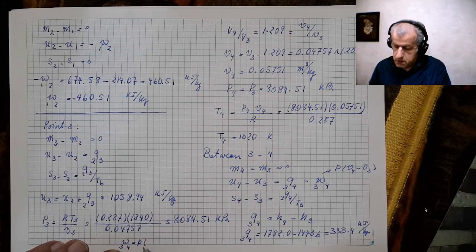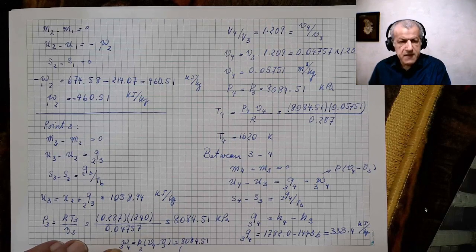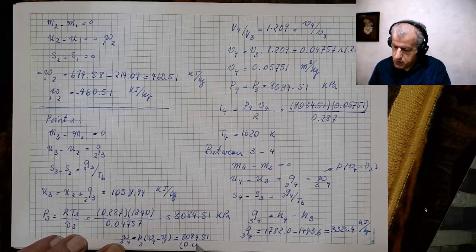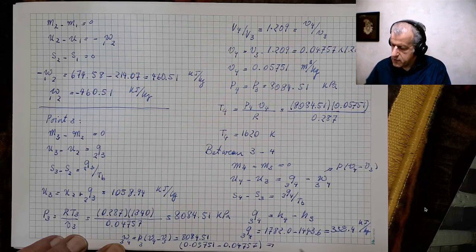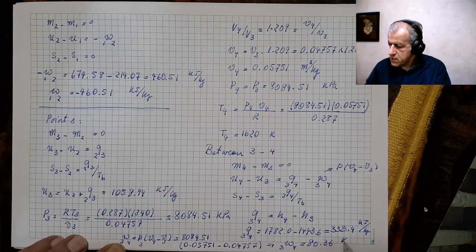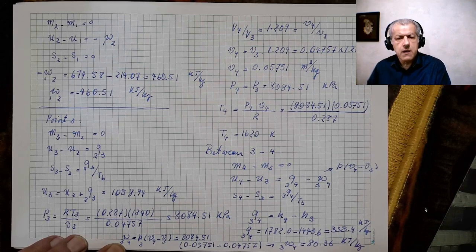W34 is P, either 3 or 4, let's write 3, times V4 minus V3, and that equals 84.51 times 0.05751 minus 0.04757, and the outcome for W34 is 80.36 kilojoule per kilogram.